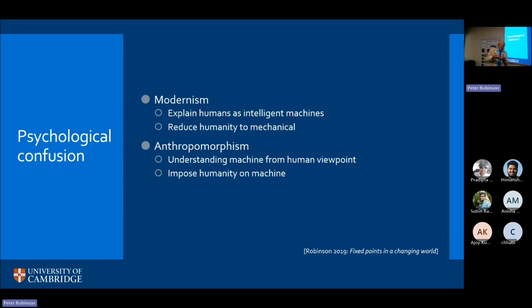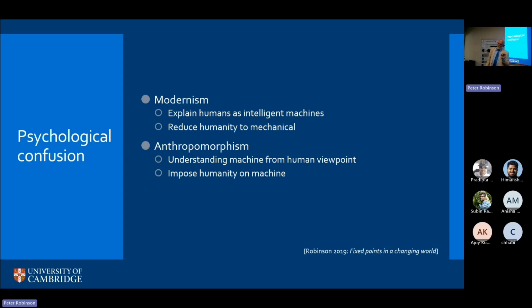And the other thing is we try and anthropomorphize machines. So we actually think that the machines have human characteristics, which they don't have. And these are two big problems: we try and understand ourselves as if we're machines, but we're not, we're much more. And we try and understand machines as if they were people, but they're not, they're machines.